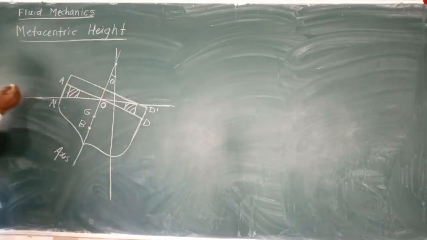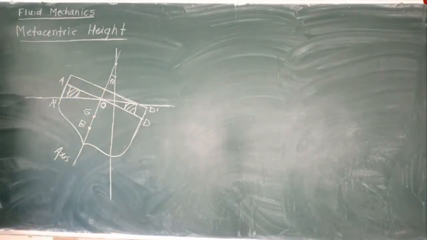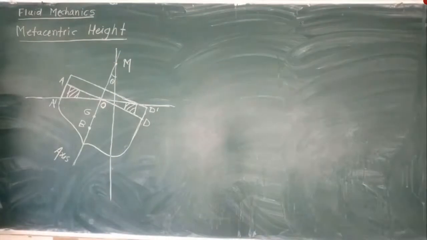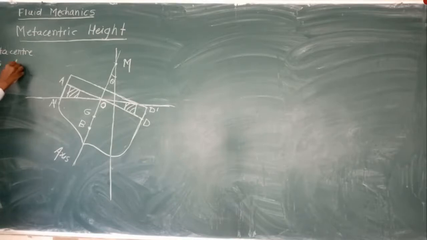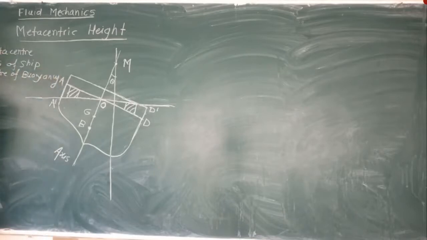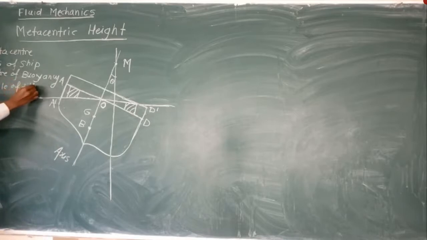When this ship is tilted, first of all, by definition, M is the metacenter, G is the CG of the ship, B is the center of buoyancy, then theta is the angle of tilt of the ship.